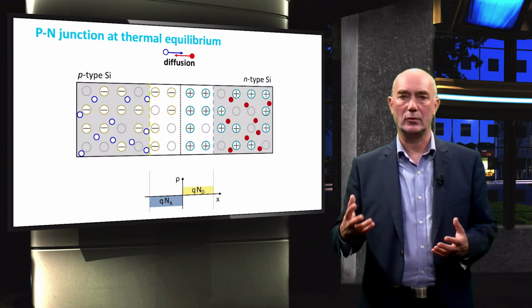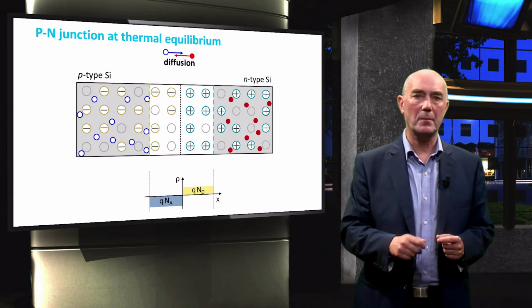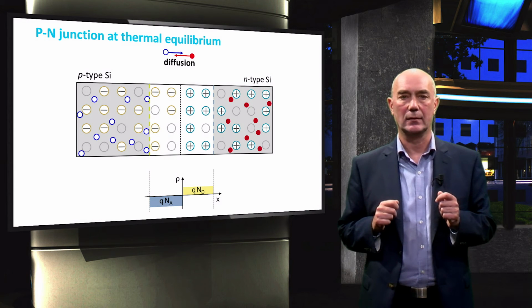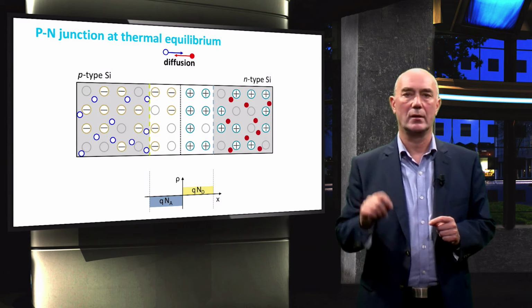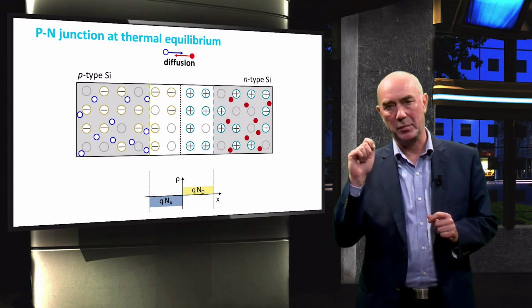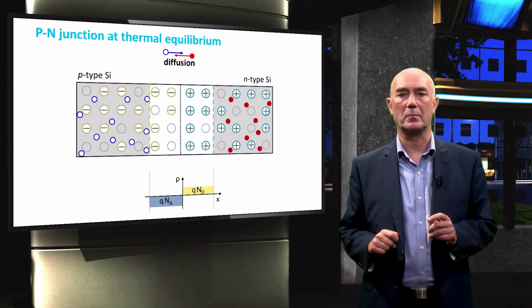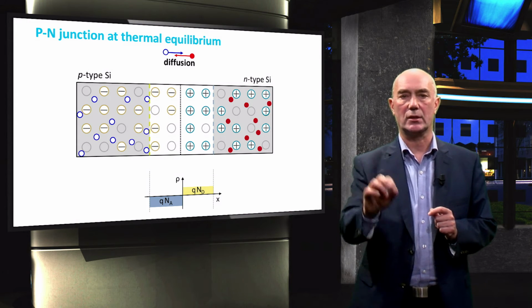This leads to electrostatic charge buildup in both the p-type and n-type silicon. In this plot, the Greek character ρ represents the space charge density. Since there is a depletion of holes in the p-type region, this part of the interface is negatively charged.